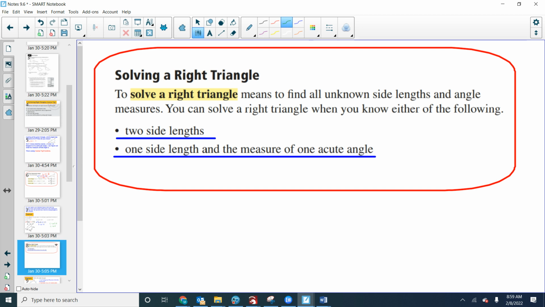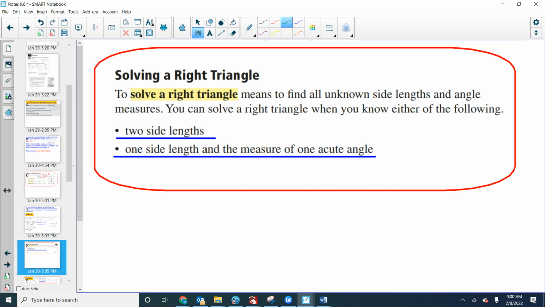Now, I'm kind of glossing over the fact that we already know it's a right triangle. We already know it has a right angle. If you're a math person, you're going to enjoy this stuff. It's like a puzzle. You got to find all the missing information.